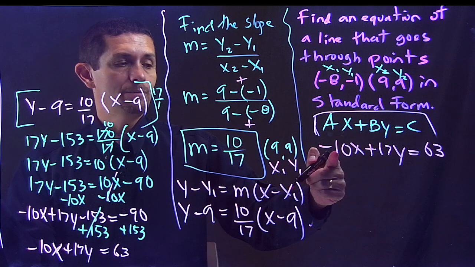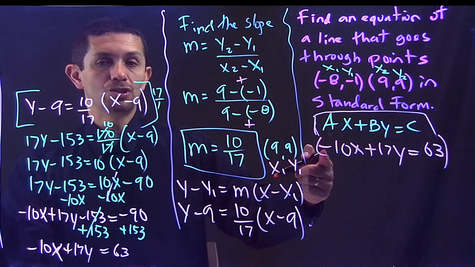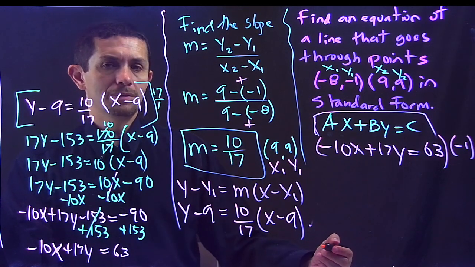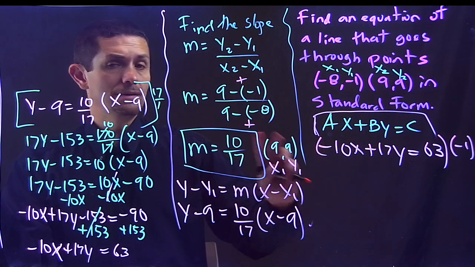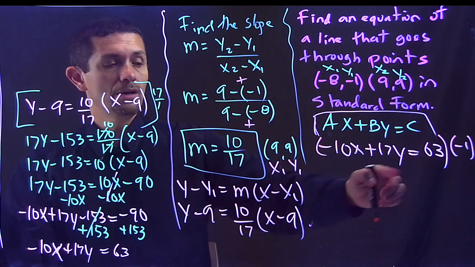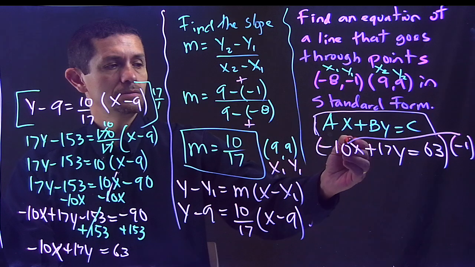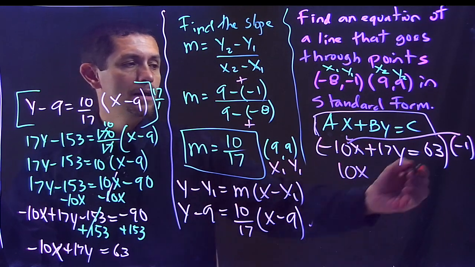That value has to be positive, but it has negative. So in order for me to change the sign, the only thing that I have to do is just multiply times negative 1, nothing else. Whenever I want to change the sign and not the number, I just multiply the whole equation by negative 1, and then that will flip my sign. Negative 1 times negative 10, positive 10x.